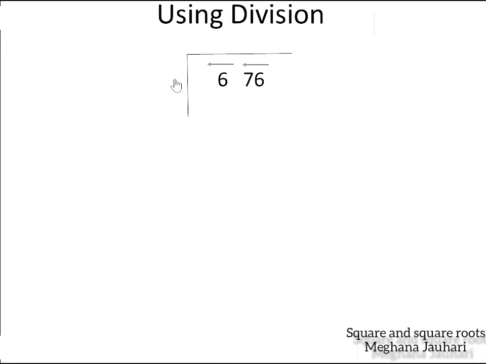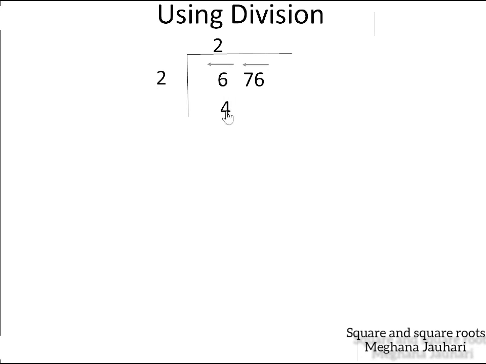We have to take the largest number as the divisor whose square is less than or equal to the extreme left digit. So 2 square is 4, 3 square is 9. We can't take 9 as 9 is greater than 6. So we are going to write 2 over here, here, and 2 times 2, that is 4, over here. Now what we are going to do?